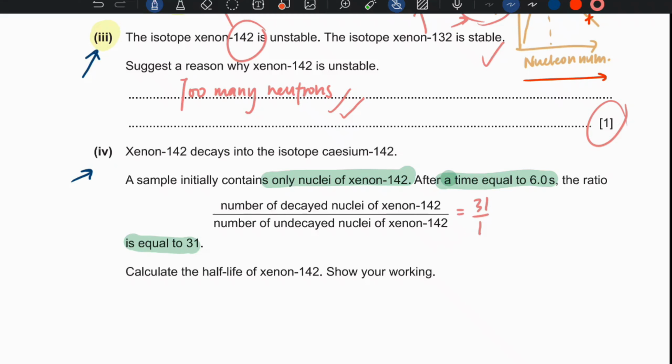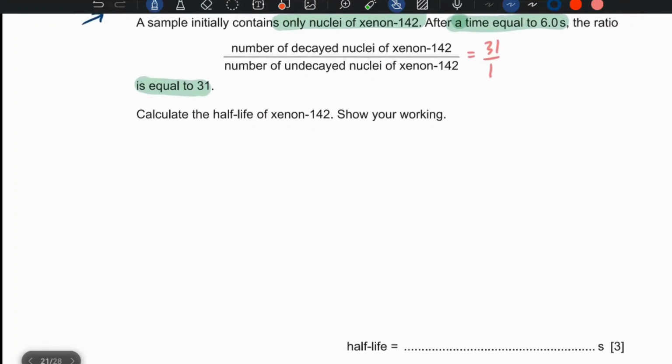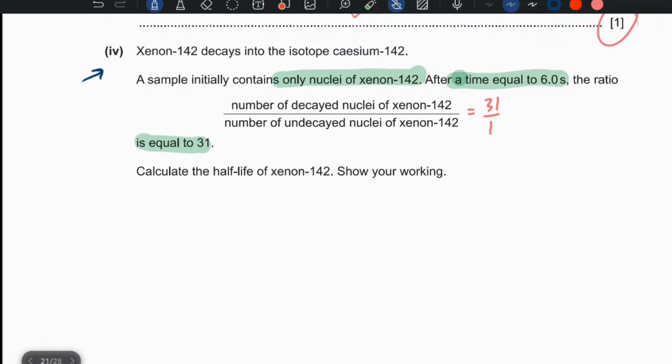Then they ask us to calculate the half-life of xenon-142. Show your working. So, if they say after a time equal to 6 seconds, the number of decayed nuclei of xenon-142 is 31.